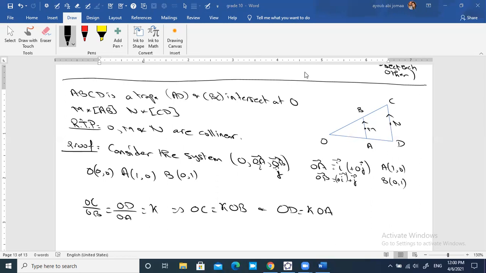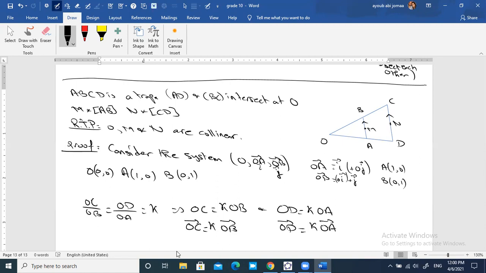But since OB and OC are collinear, vectors OB and OC also have the same direction and sense. It means that not only in magnitude, I can say that vector OC is equal to K times vector OB, and vector OD is also equal to K times vector OA.